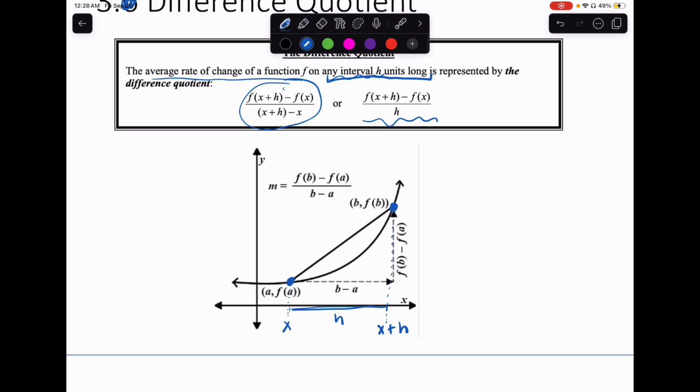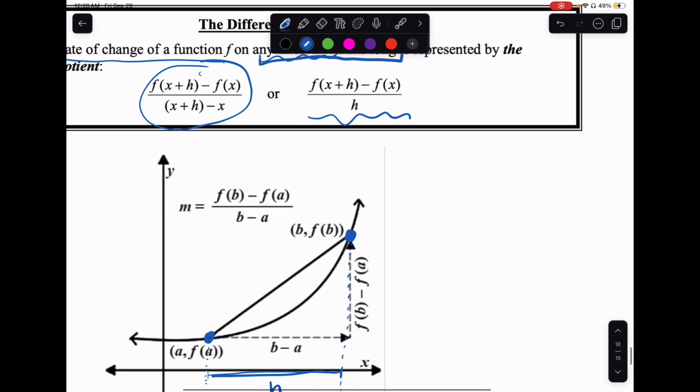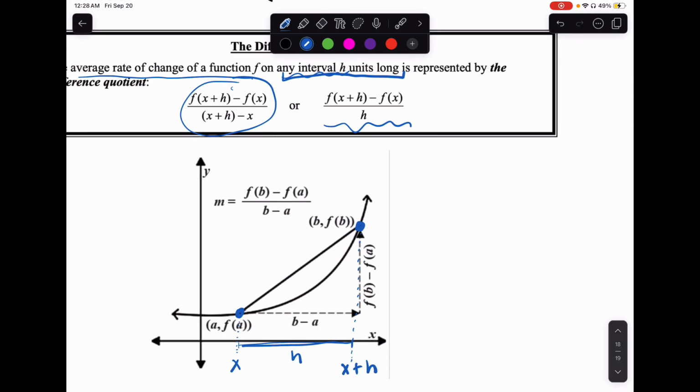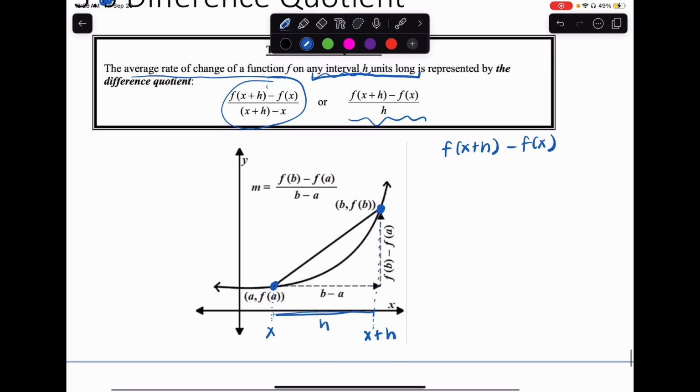So h just represents our horizontal change here, which is why, for example, we see, let me write it out, right? F of x plus h minus f of x, because we're going from x to x plus h.